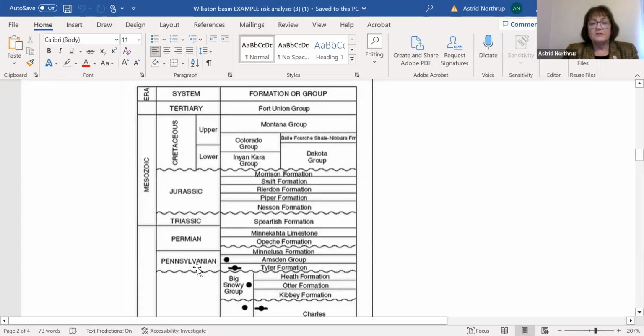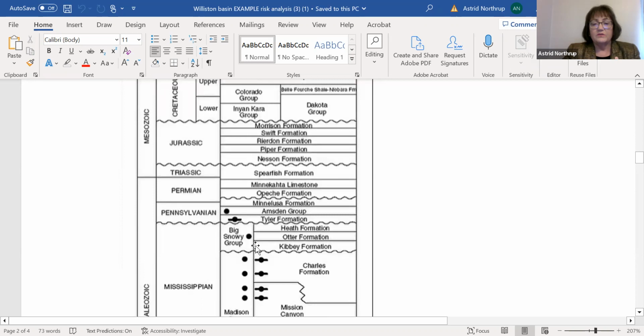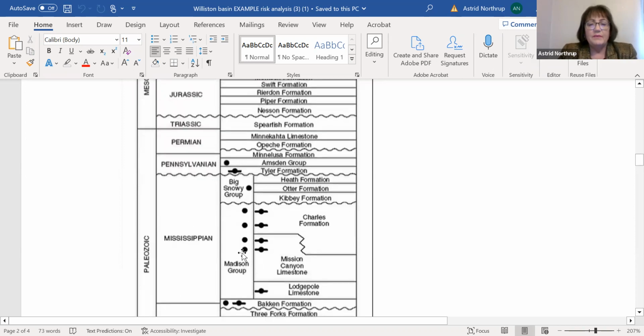So in the Pennsylvanian period, there's the Amaranth Formation, which is oil bearing. And then there's the Otter, or sometimes I've heard Otter and Heath used simultaneously. But anyway, then the Charles Formation and the Mission Canyon down here in the Mississippian. And these are all part of what is called the Madison Group, but that's not a time period. It has to do with a geographic extent. These are the time periods.